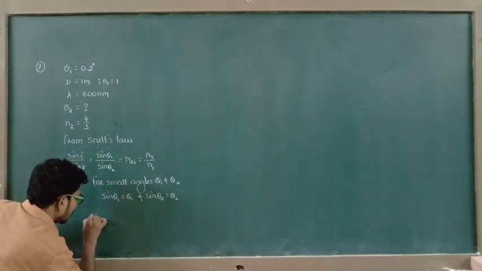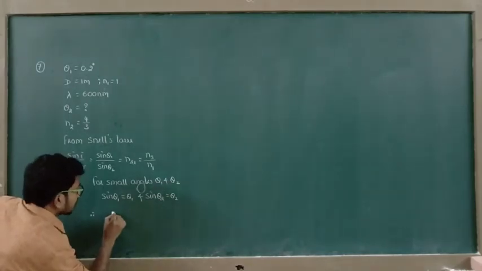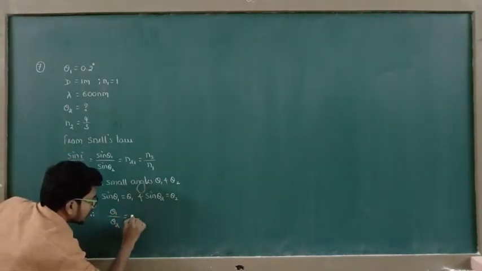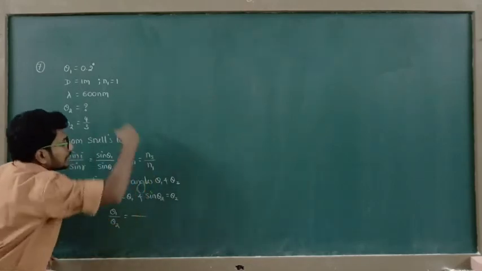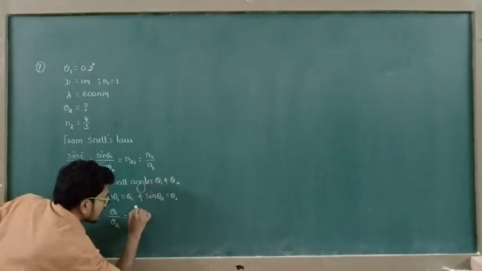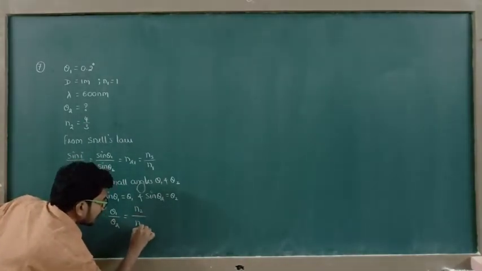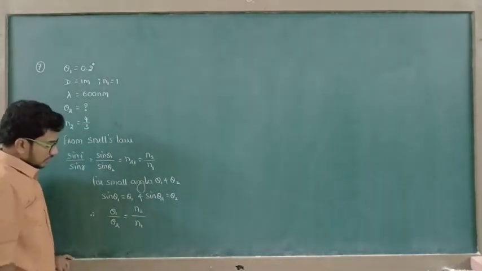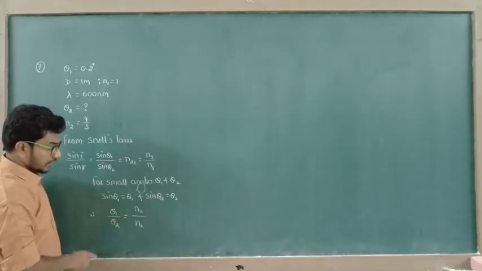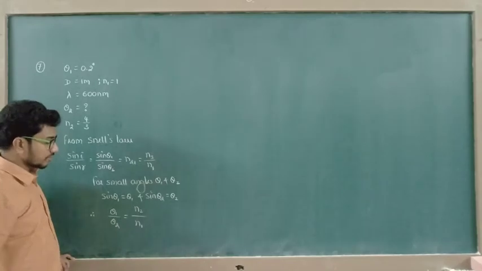Therefore, we can write theta 1 divided by theta 2 is equal to, given data is in terms of absolute refractive index, n2 divided by n1. So here they are asking angular width when that whole apparatus is immersed in water, that means theta 2.